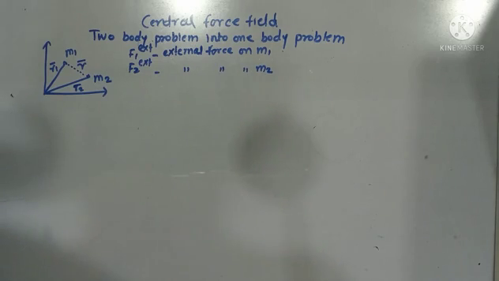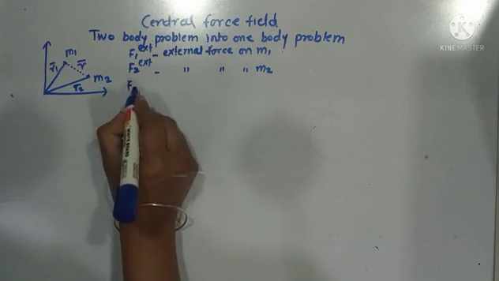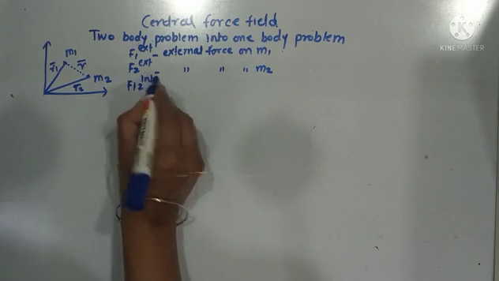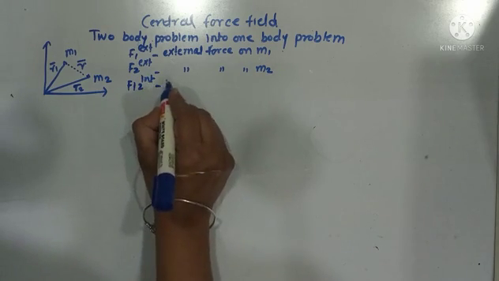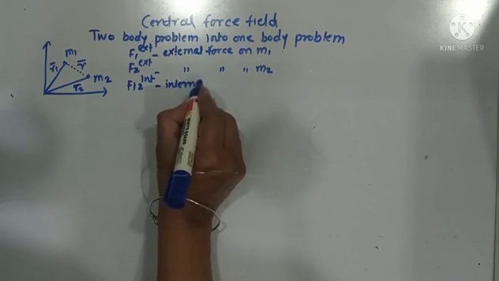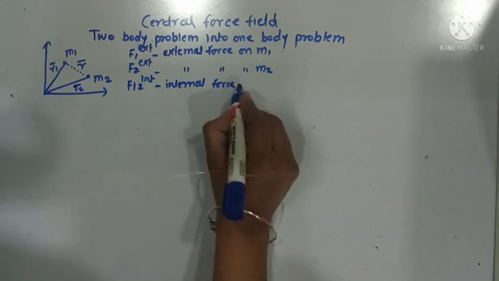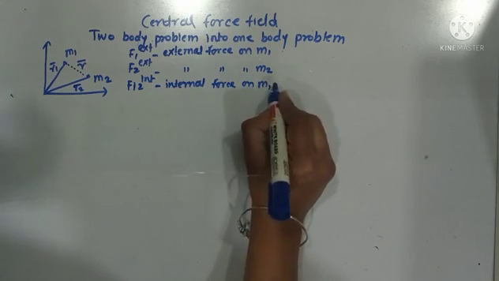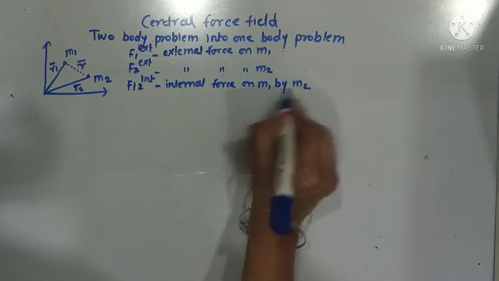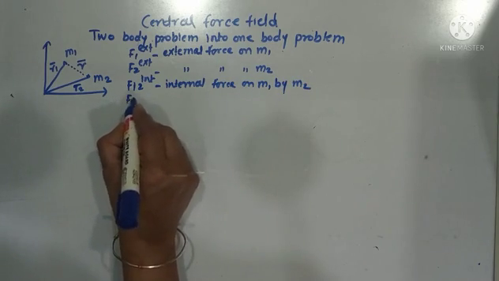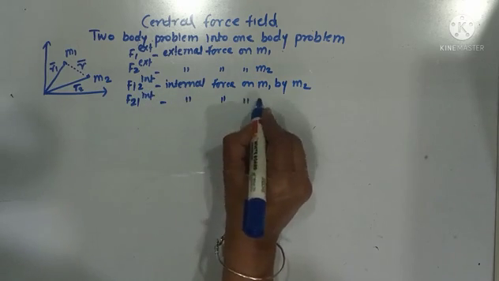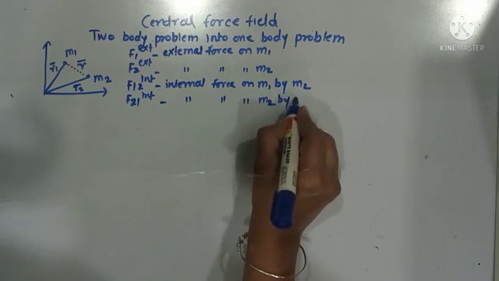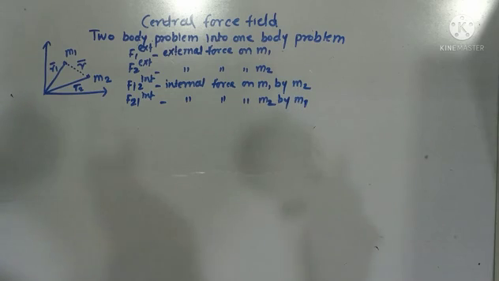Some internal forces are also acting on the masses m1 and m2. Let us represent them as F12 internal. So this is the internal force on m1 by m2. Similarly, I can write F21 internal, which is the internal force applied on m2 by m1. These are just notations.